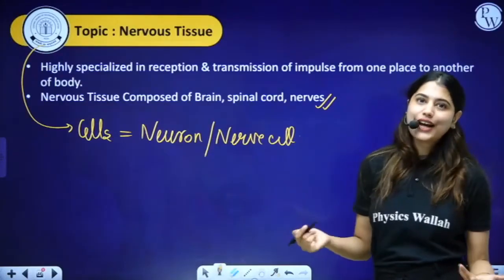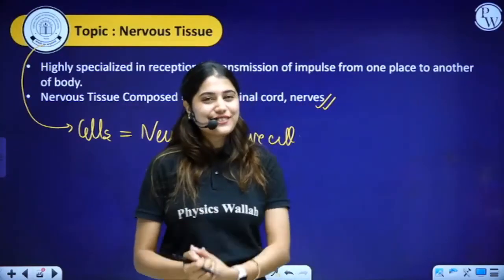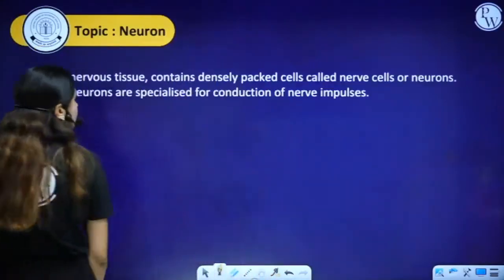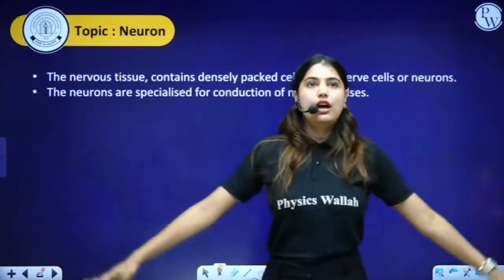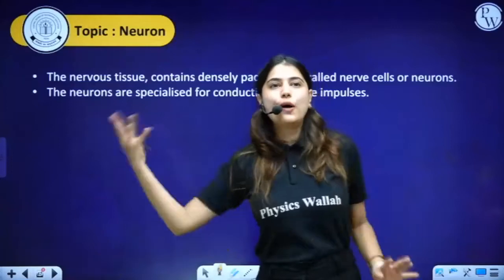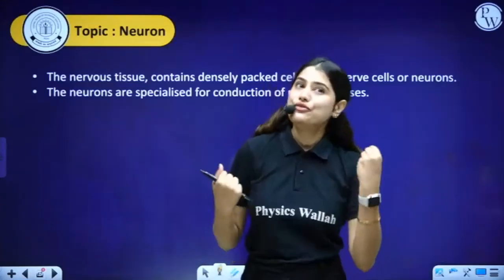Let's have a look at the neuron. You already know that it is the longest cell of the body. That we already know, right? So if we talk about the neurons, yes, they are present throughout my body and they form that network, right? So they are distributed throughout the body, forming a network.